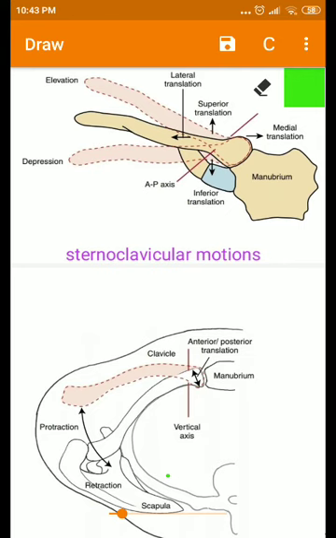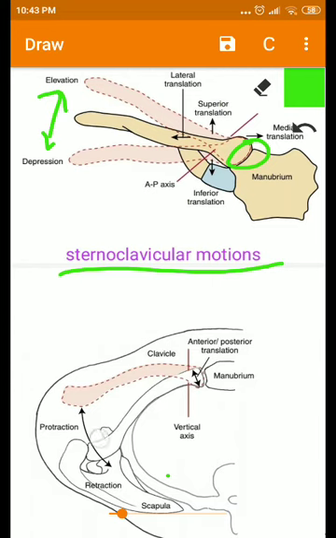Dear students, welcome back. Now we are going to see the sternoclavicular motions. The motions that occur at the sternoclavicular joint are three degrees of freedom of motion, explained as elevation and depression, protraction and retraction of the clavicle, and also rotation of the clavicle.